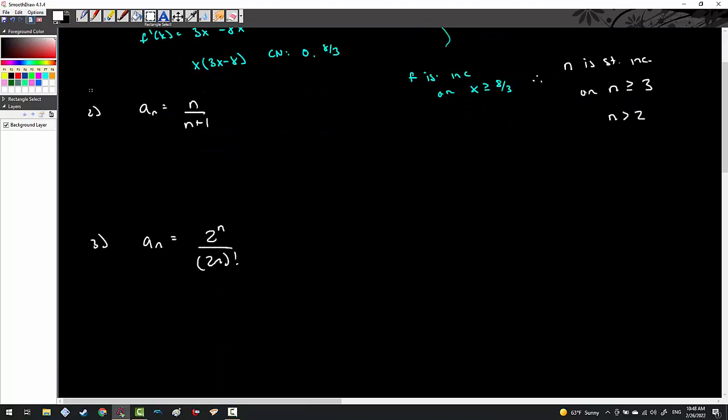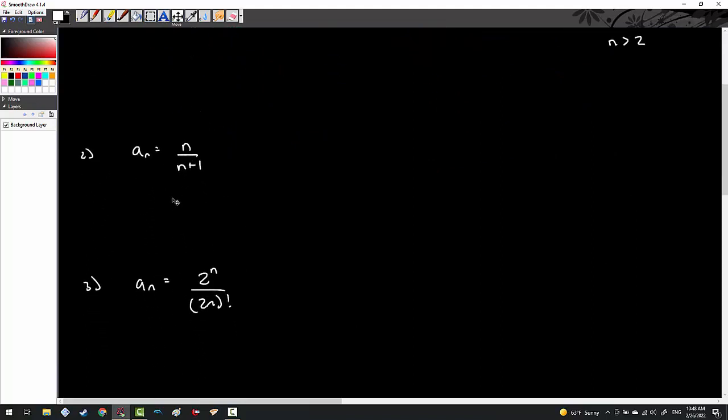Number 2, again, actually, it wouldn't be wrong to use the derivative test on this one. Nothing wrong with that because it's a pretty easy quotient rule. But instead, because I want to show you the n plus 1 version of this thing, let's go with (n plus 1) over (n plus 2) minus n over (n plus 1).